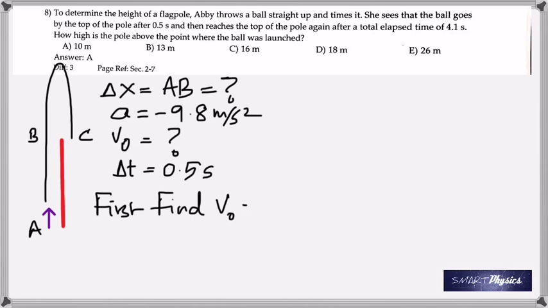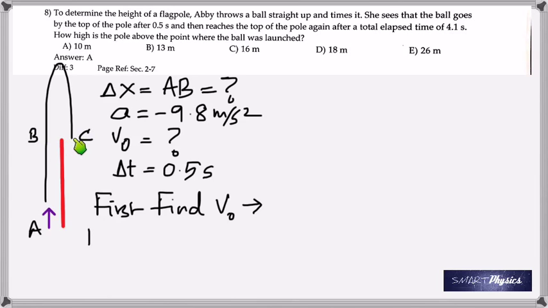Now, in order to find that, what we're going to do is we will consider the motion BC. What we'll do is we'll find the initial velocity at B. You know why I do that? Because from B to C, the total displacement is 0.